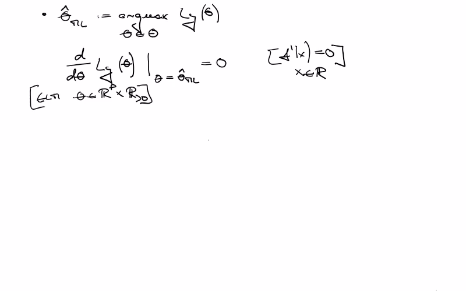But that's fine. The general idea is that you compute the derivative of the likelihood function with respect to the parameter and set this to 0, and then hope that you can solve this analytically for some value of the parameter.